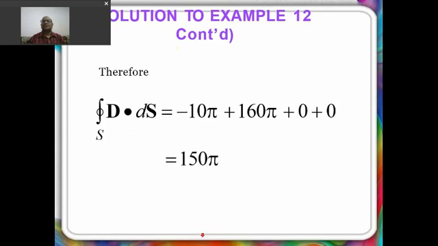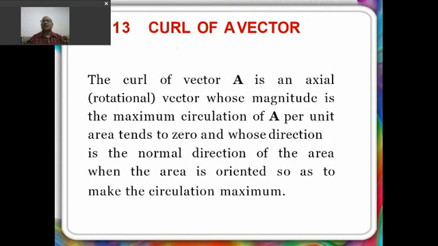Now we are into the curl of a vector. This is entirely another part. The curl of a vector is an axial rotational vector whose magnitude is the maximum circulation of A per unit area as the area tends to 0, and whose direction is the normal direction of the area when the area is oriented so as to make the circulation maximum.